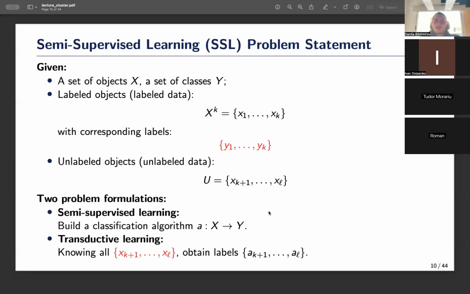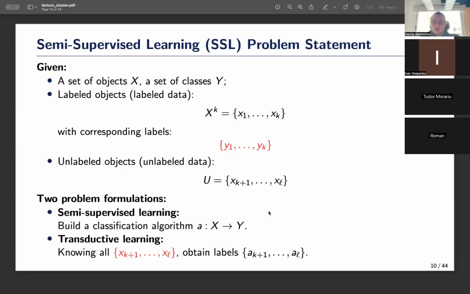There are several variations of this problem formulation with subtle terminological differences. One important distinction is between semi-supervised learning and transductive learning. So semi-supervised learning is when, given an object X, the goal is to predict X's class membership, as in unsupervised learning.